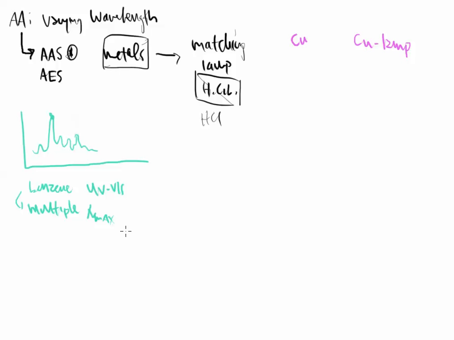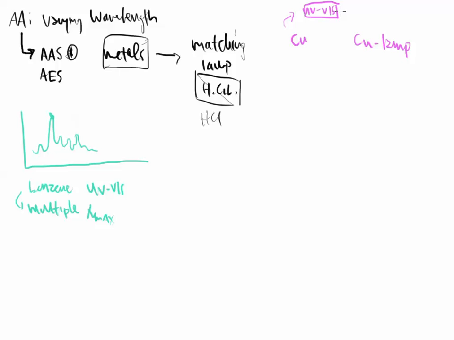In the world of AA, things are almost identical. For starters, in the world of AA, we are traditionally running in the UV-vis portion all over again. So take a look at these nanometers. You look at copper, you look at silver, you look at zinc, you look at chromium.